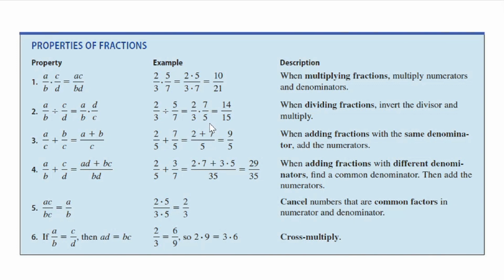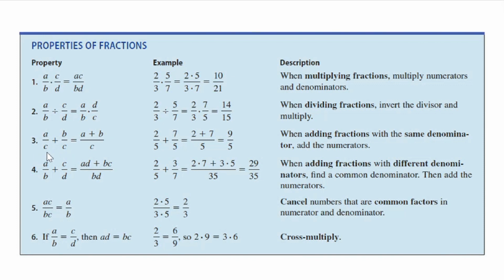Then after that, you now multiply numerator by numerator, which is 2 times 7 is 14, and denominator by denominator, we have 3 times 5 equals 15. Okay, so it says here that when dividing fractions, invert the divisor and multiply. So that is the same as what I said a while ago.